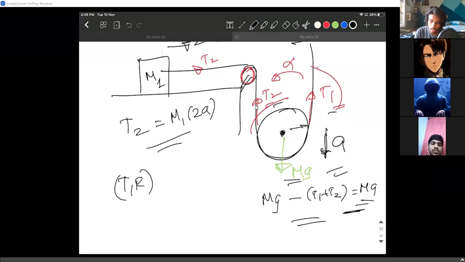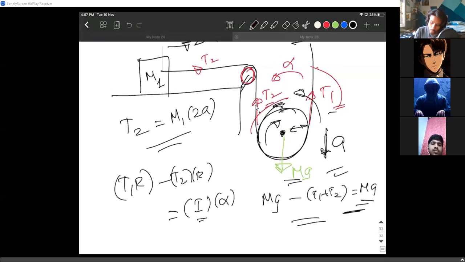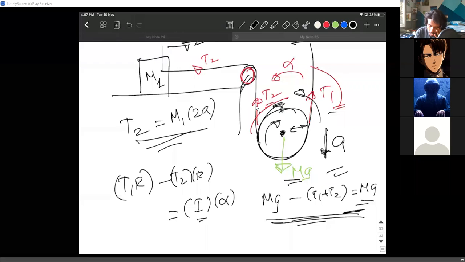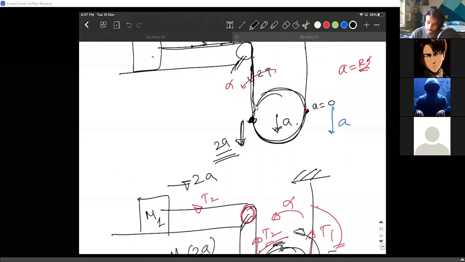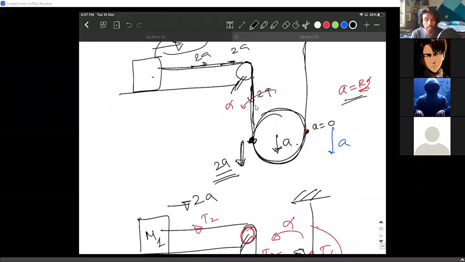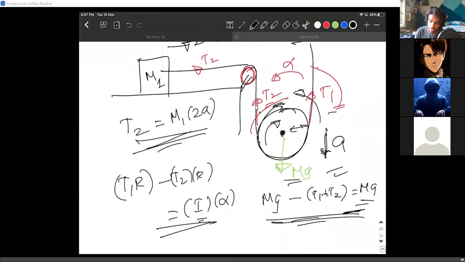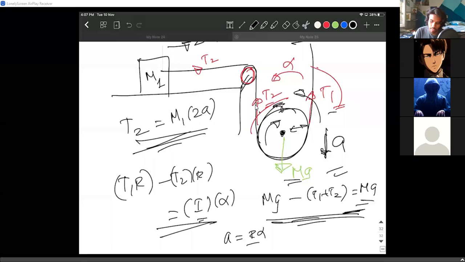T1 into R is creating this torque, minus T2 into R because T2 is creating a torque like this, equals I alpha, I about center of mass only. And obviously from the constraint relation, remember we found A equals R alpha also. So I have to use all these four equations.